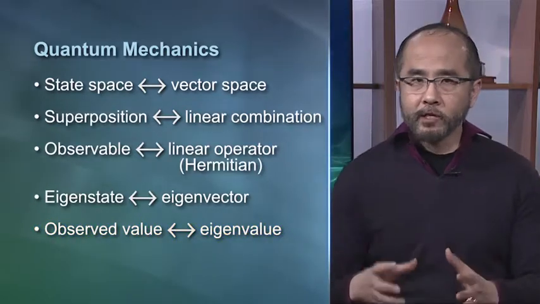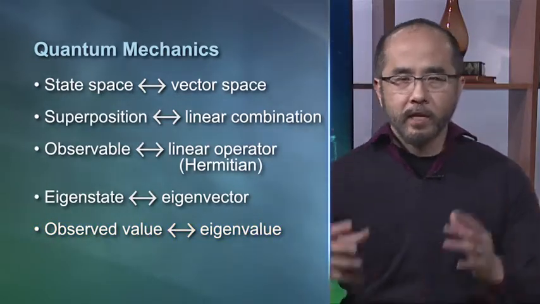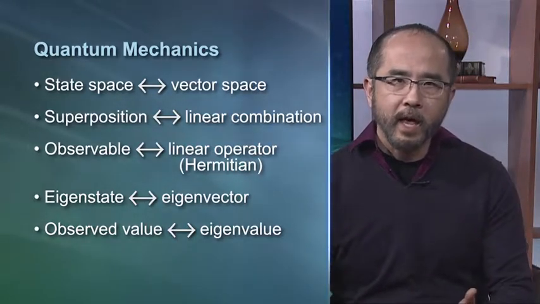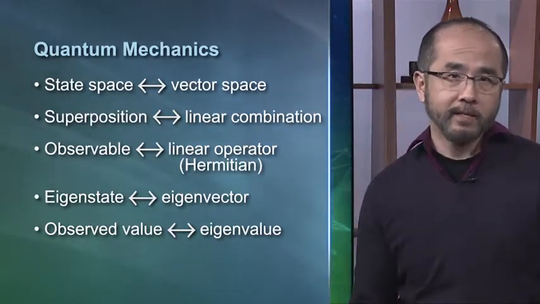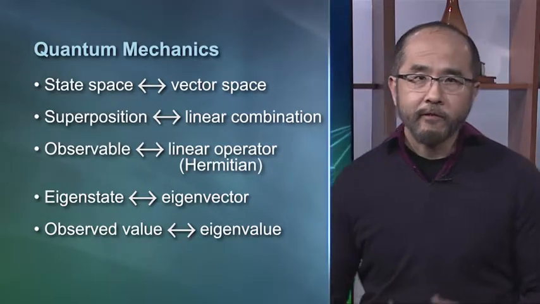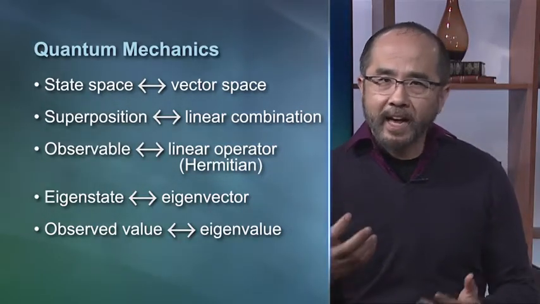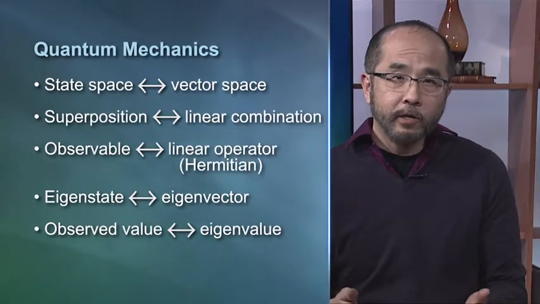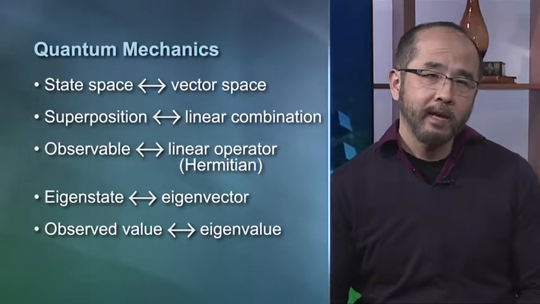And when you take a measurement of an observable in quantum mechanics, you actually change the state of the system into one of the eigenstates. And the value of the measurement you observe is the eigenvalue for that eigenstate. So what you see here is that nature naturally chooses eigenstates.